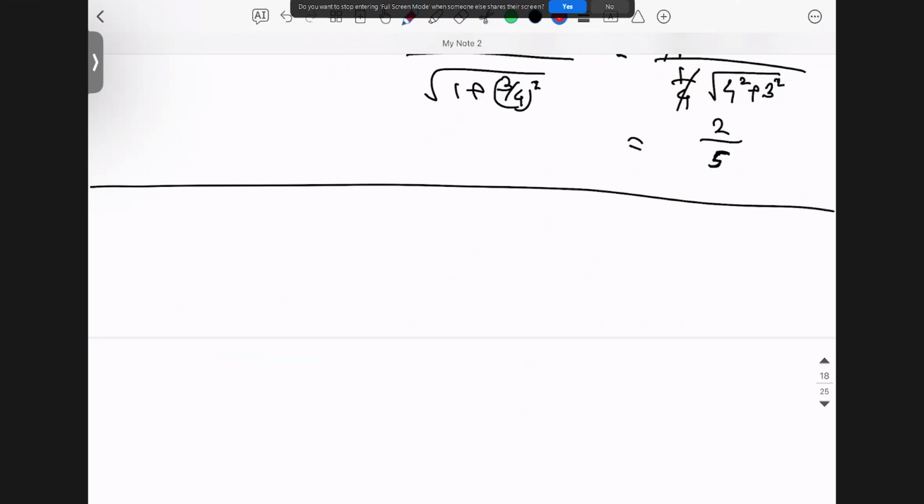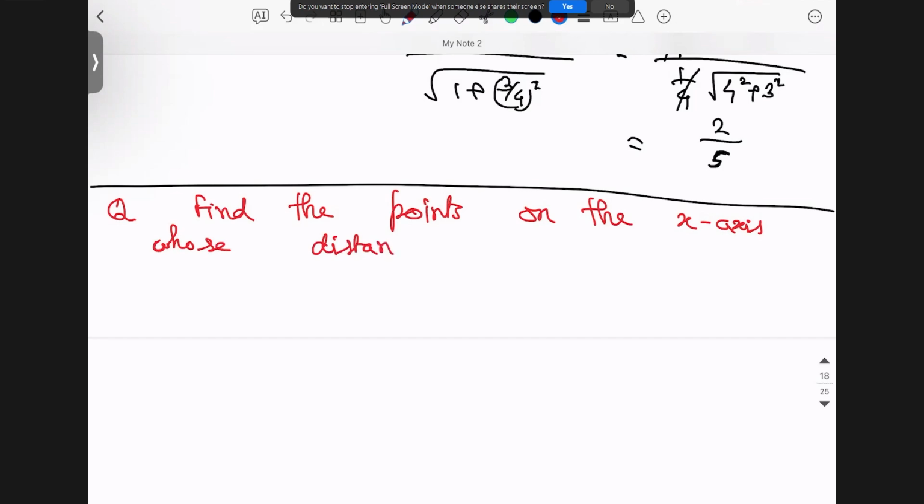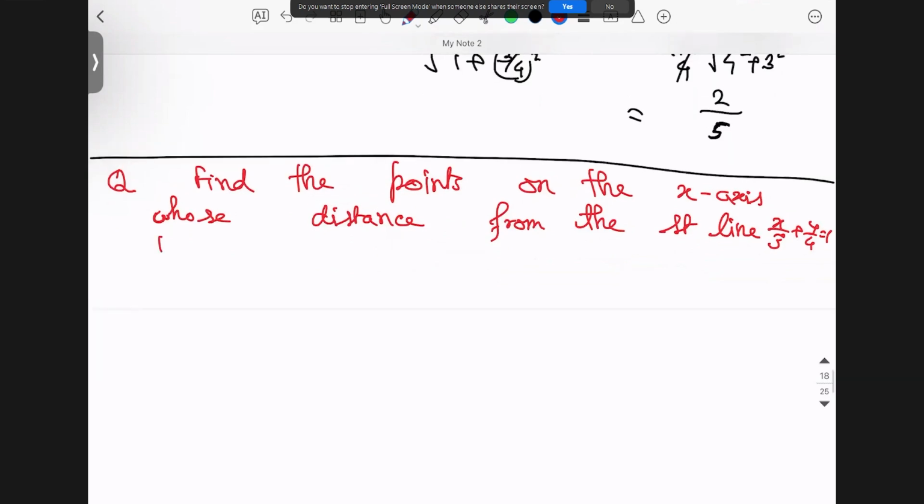Let's go to the next question. The next question is: find the points on the x-axis whose distance from the given straight line is 4 units.